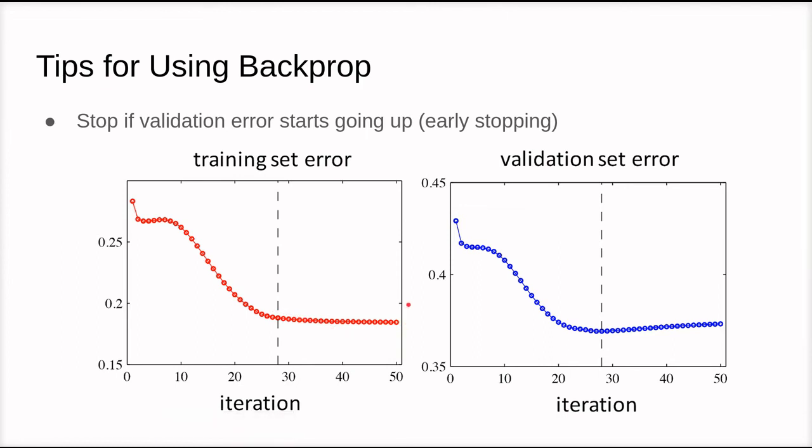And then you also evaluate the validation set at the end of every epoch. And like the training data, it decreases with training until you reach a certain point where it starts increasing again. And once the validation error starts increasing, that's when you know you're starting to overfit and you want to stop the training process.